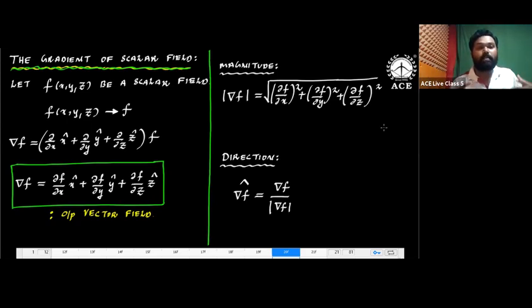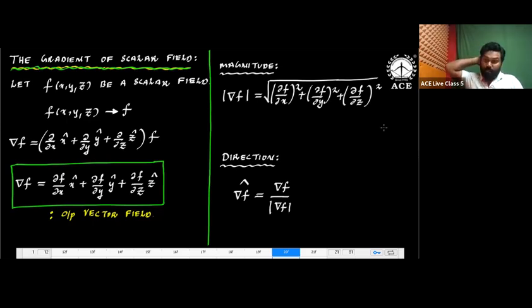So the quantity by nature is a scalar quantity, but its variation is a vector. Let me reiterate what I am saying. Such a physical phenomenon is mathematically captured by the gradient operator.